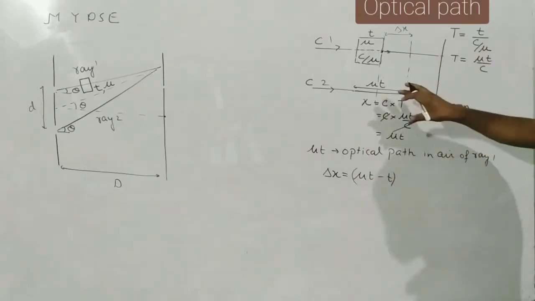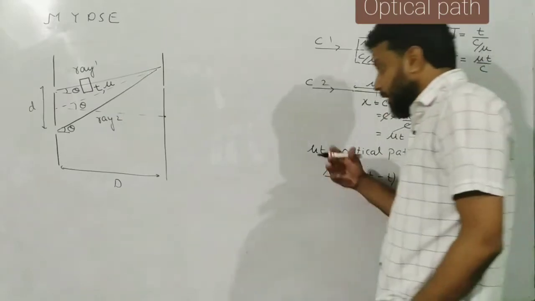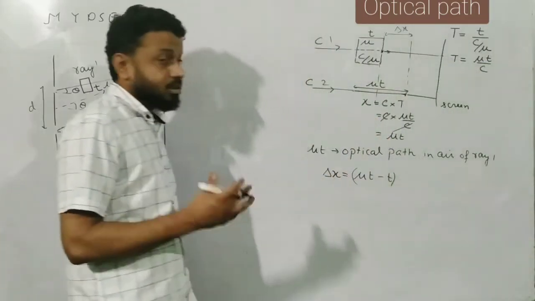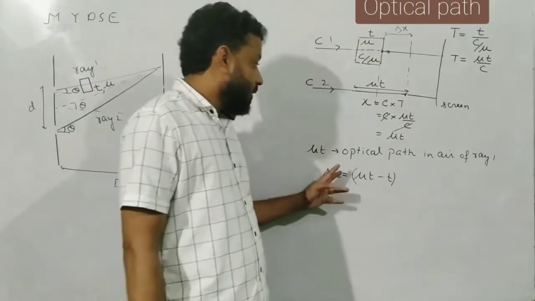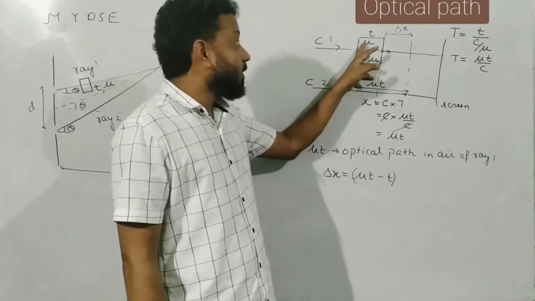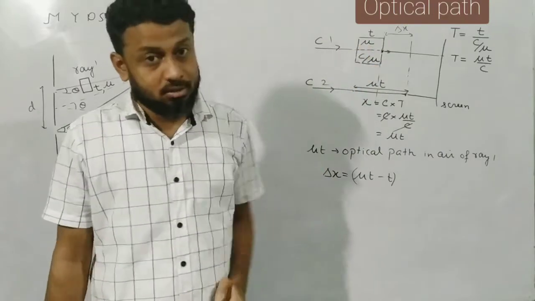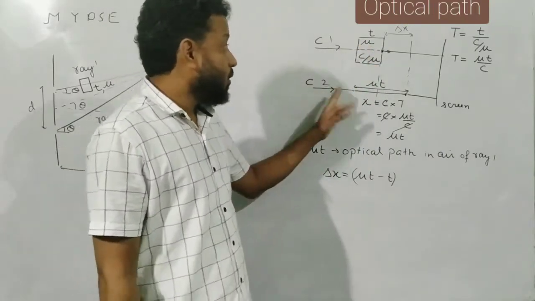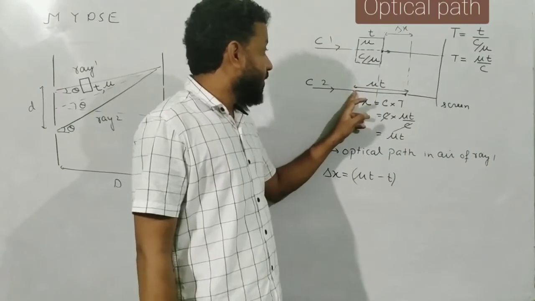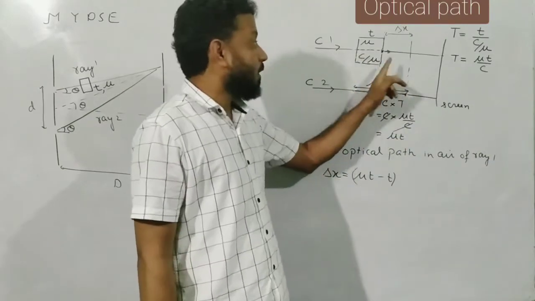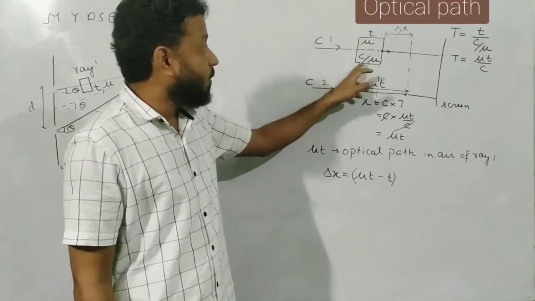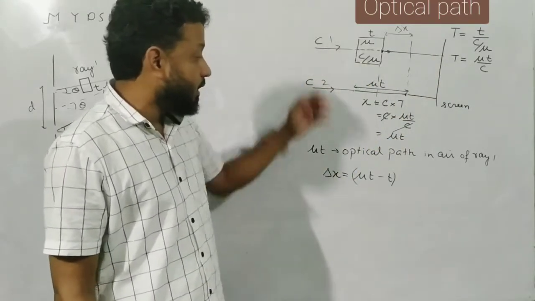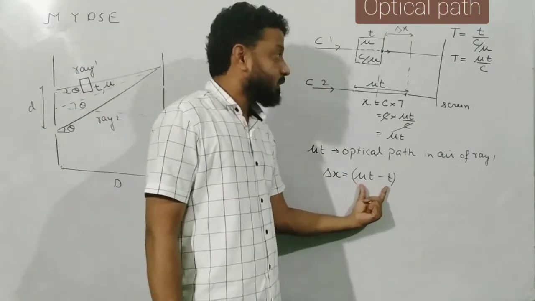Okay? I repeat this once again, and I know it will be difficult for you to understand, so I am going to repeat this once again. Remember that this fellow is traveling slowly in a medium, so that gives this fellow the chance to go ahead of ray 1. In order to reach the screen, this fellow has to now travel optically more distance by this much time.